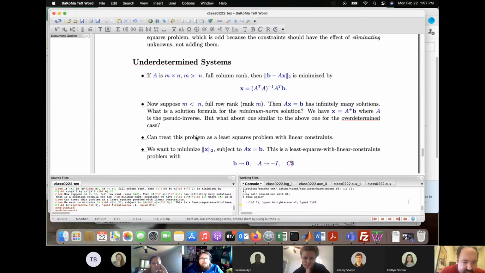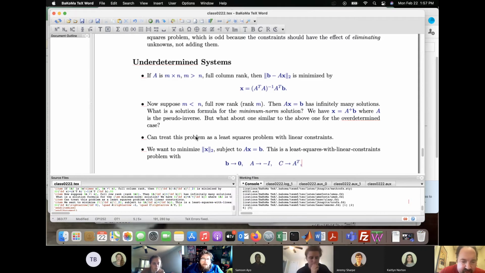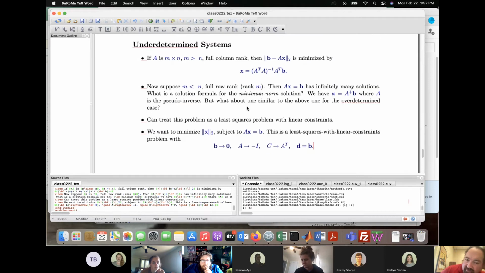C becomes A transpose. And the vector D becomes B. In other words, since I have a way of solving this problem, I can just go ahead and use that solution formula where I make these notation changes.